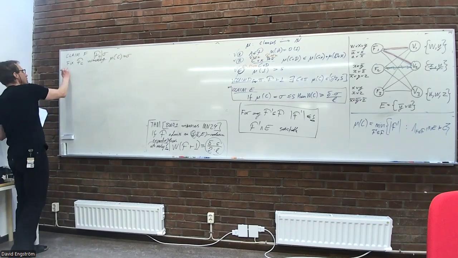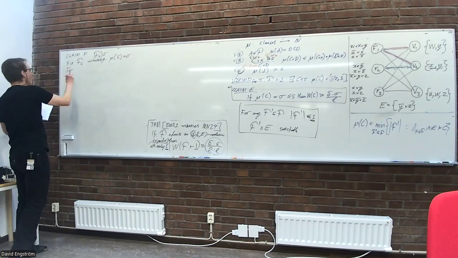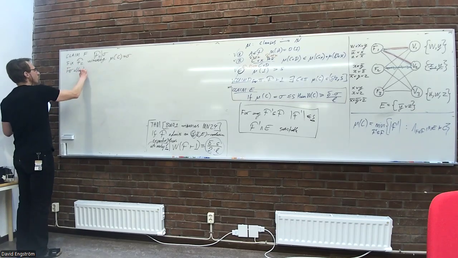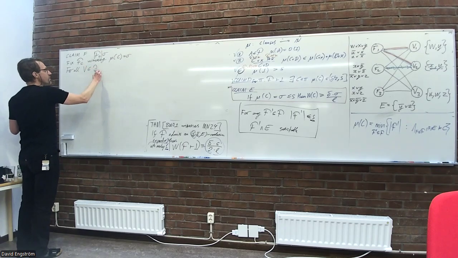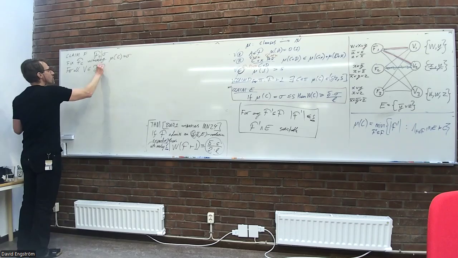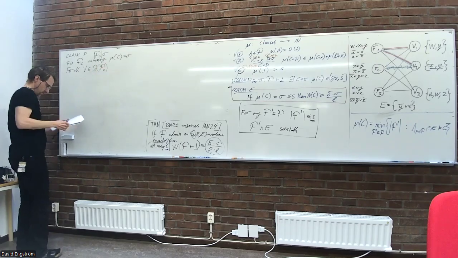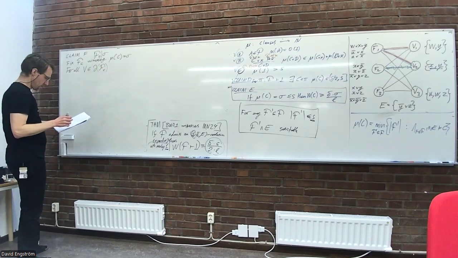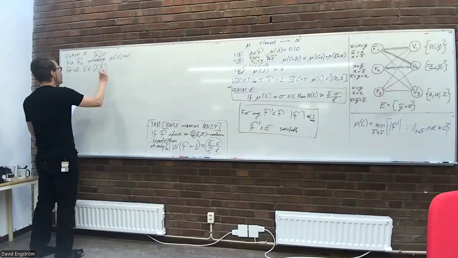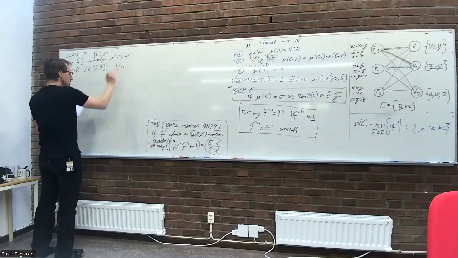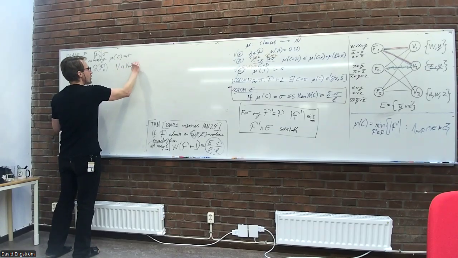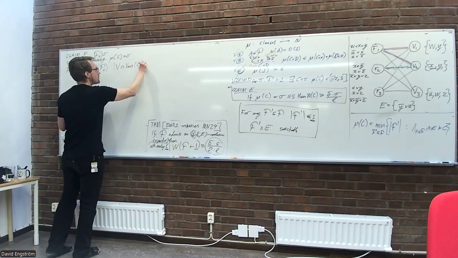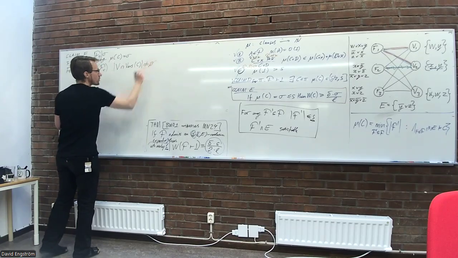Then, for all V in the unique neighbor set of FC, it holds that V intersect variables of C is non-empty.